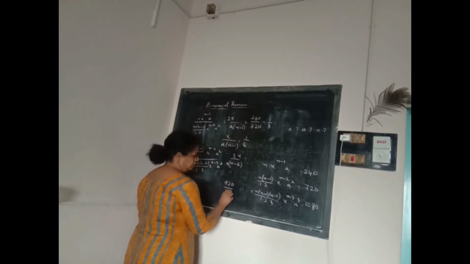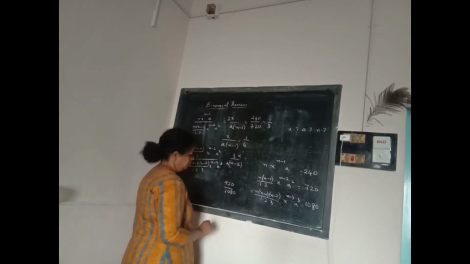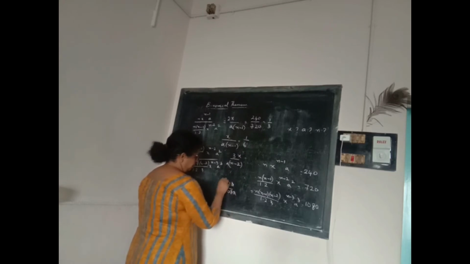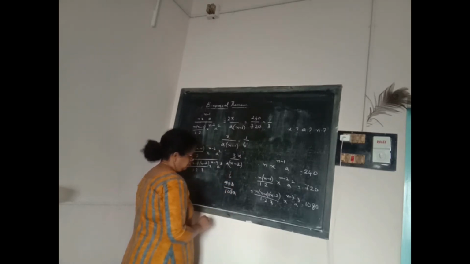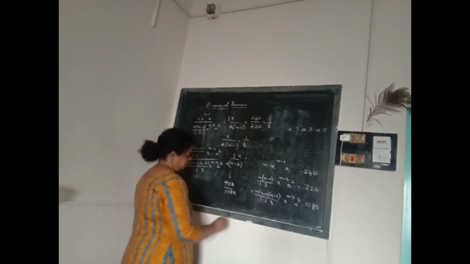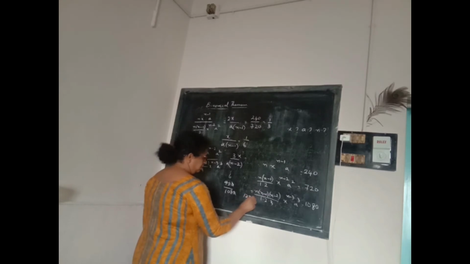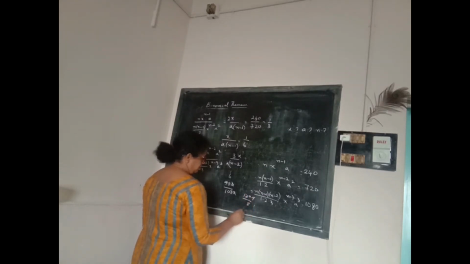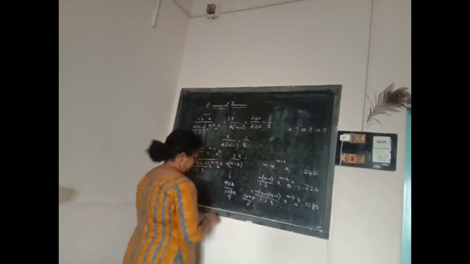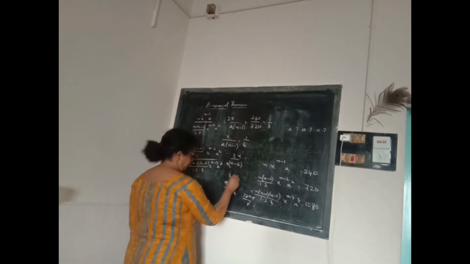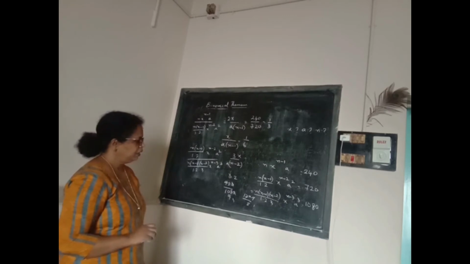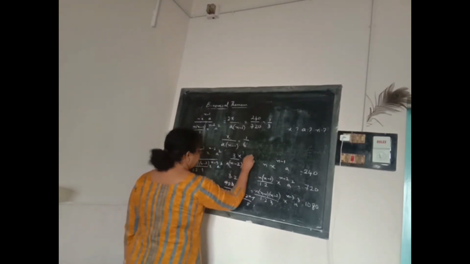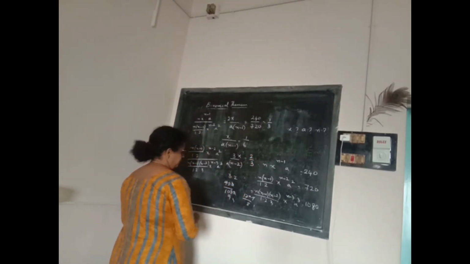So 12 goes 6 times, 12 into 9 times. So when we do 720 by 1080, it is 2 by 3.